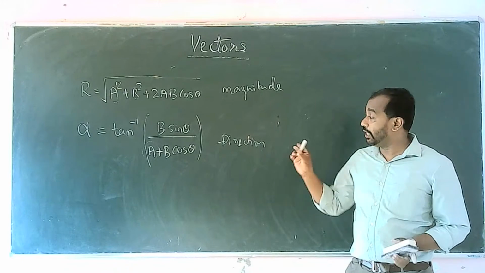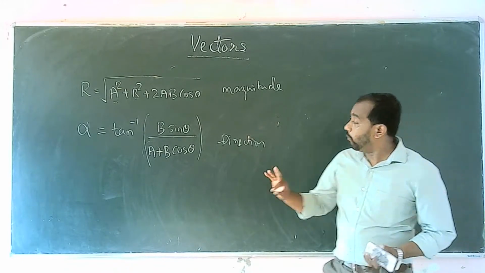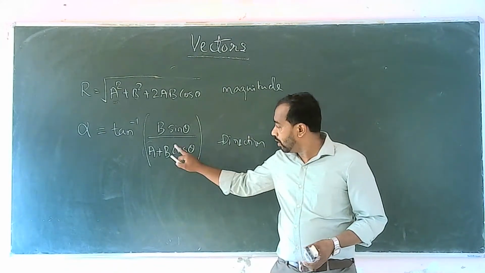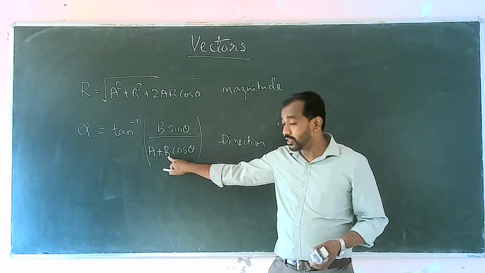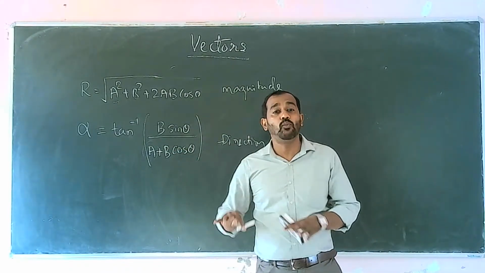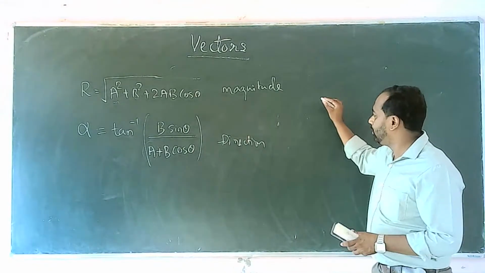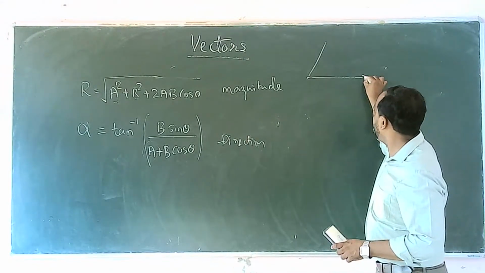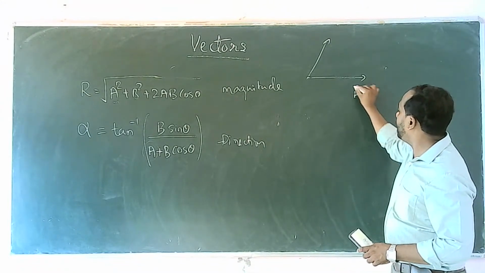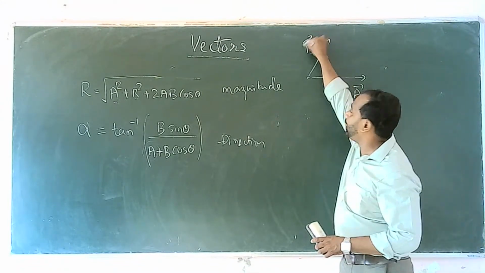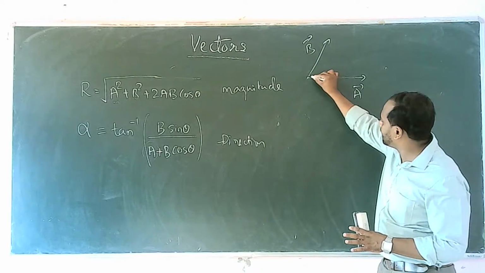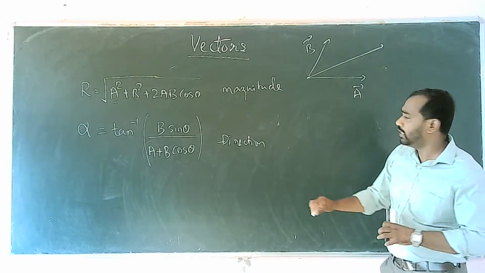For your knowledge, if we choose the direction of B as the reference, then what will be the angle? I will draw the diagram. There are two vectors, say vector A and vector B. Imagine that the resultant will be somewhere in this direction.